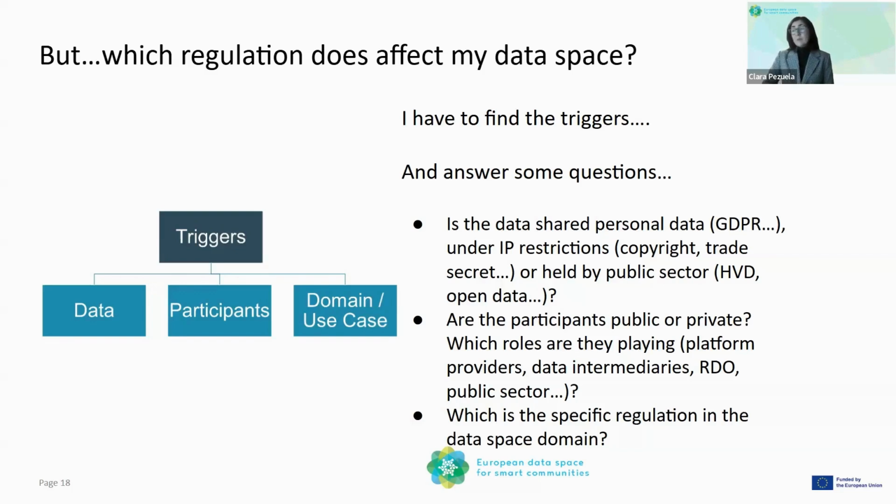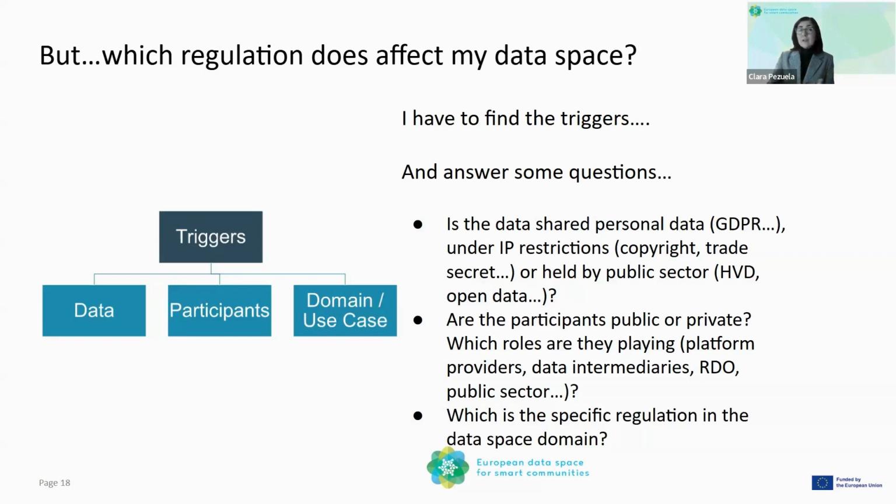And finally, which is the domain where my data space is running. So in our case, it's public sector in general, but not only, because the smart communities data space is very much cross-domain. So we may have some legislation from mobility, for example, affecting the data space, because some of the use cases that we are proposing are in the mobility environment.